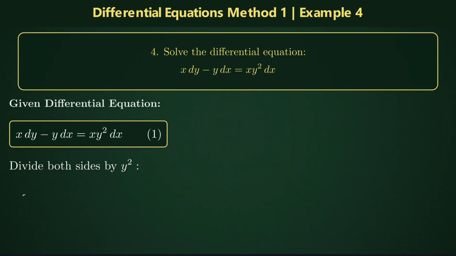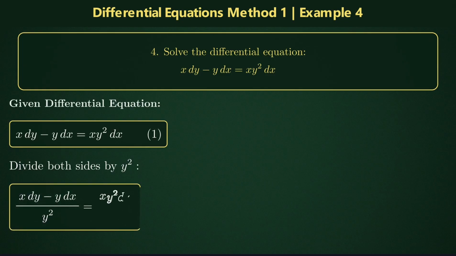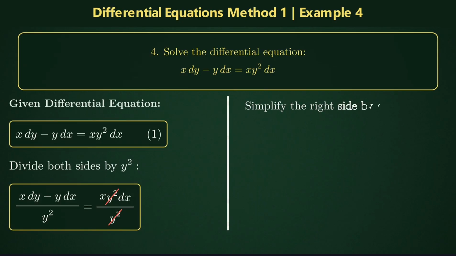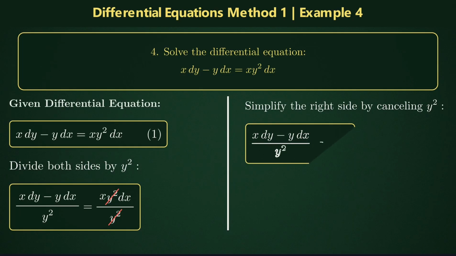This gives the fraction x dy minus y dx over y squared equals the fraction x y squared dx over y squared. Now, we cancel the common term of y squared from the numerator and denominator on the right side. This simplifies the equation to the fraction x dy minus y dx over y squared equals x dx.